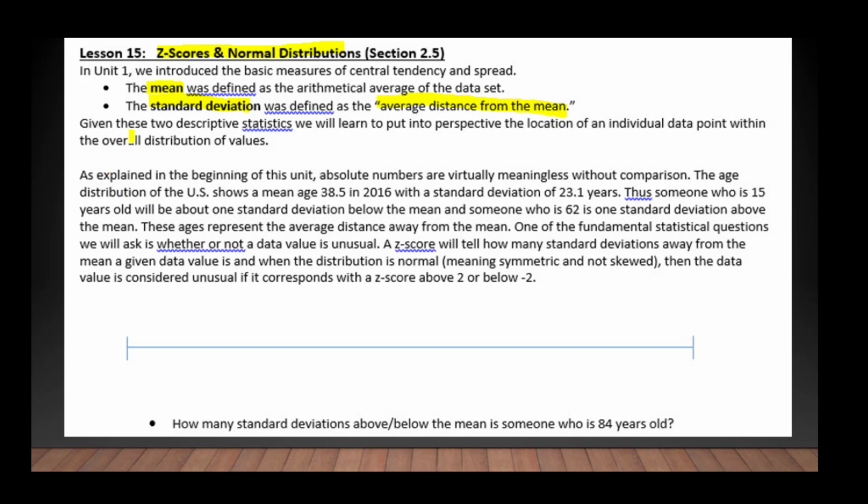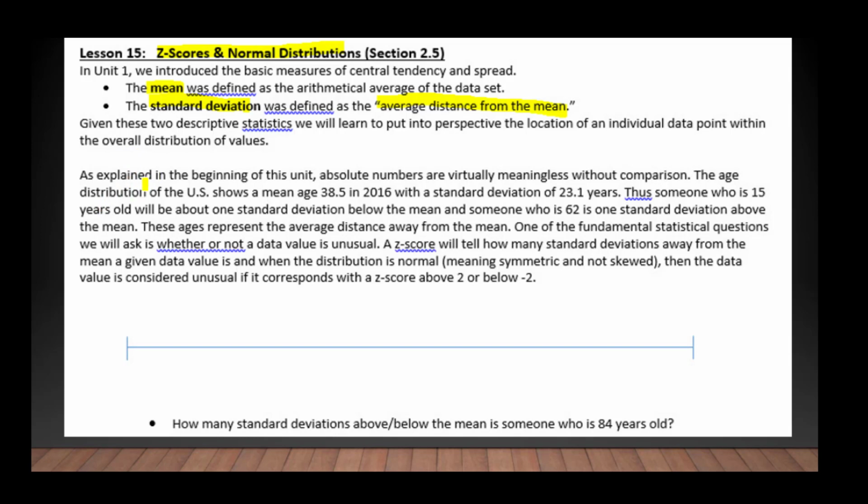Given these two descriptive statistics, we will learn how to put into perspective the location of individual data points within the overall distribution of values. All right, it's a lot to say, but bear with it.